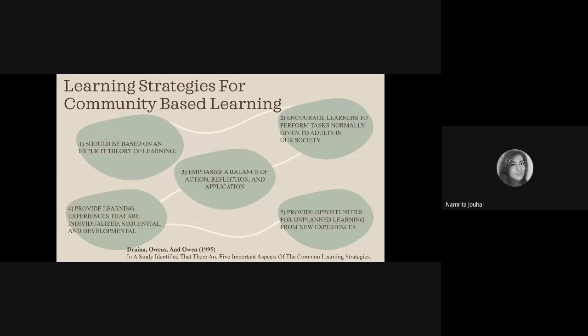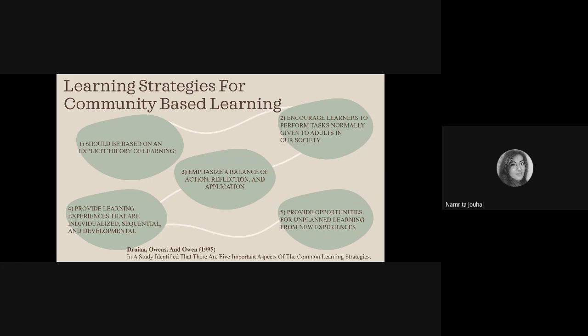Okay, so as per Doran and Owens, a study identified approaches to community learning, and Owen et al. had said that it should be based on an explicit theory of learning. So whatever learning activity you do, for them to be community savvy, it should have an explicit theory to it.